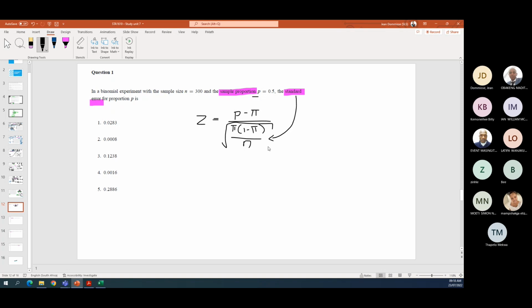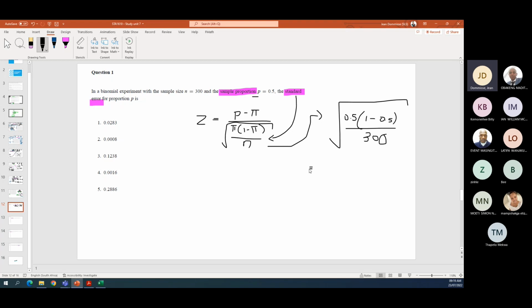So the standard error in this instance: 0.5 times 1 minus 0.5, divided by n, which is 300, and we get the square root of that.